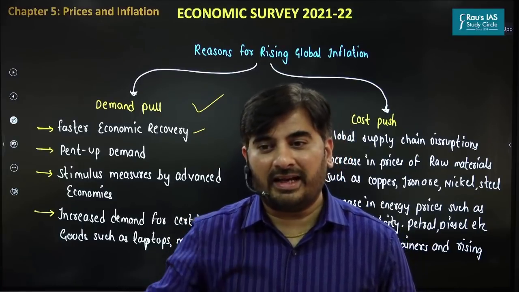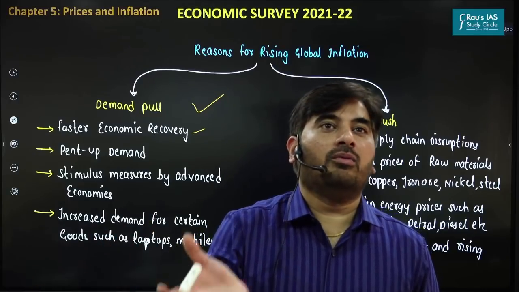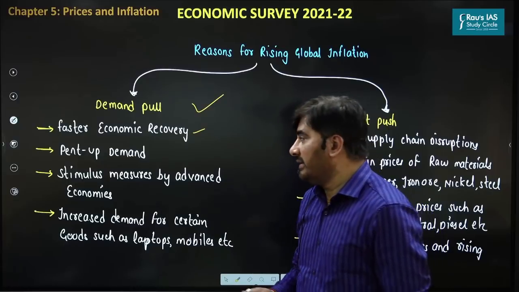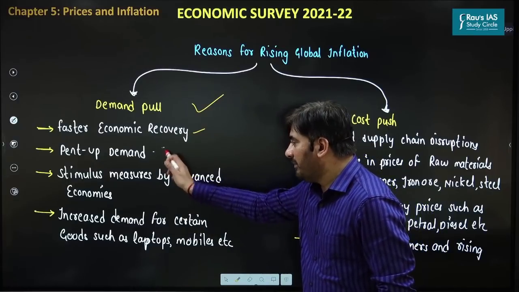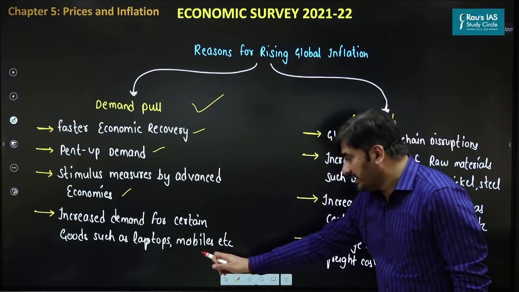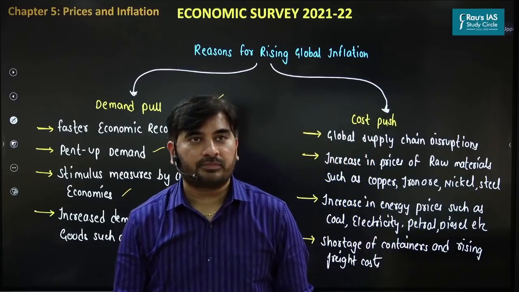Now suddenly China wants to increase its production, so suddenly there is a demand for more goods. So these are demand pull factors. Other factors include the pent-up demand, stimulus measures announced by the advanced economies, and increased demand for certain goods such as laptops, mobile phones, etc.